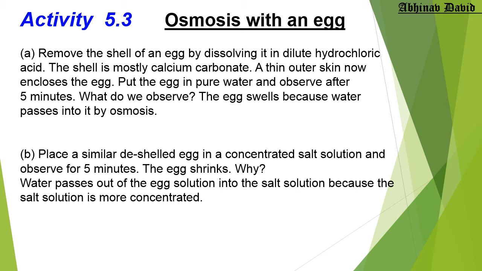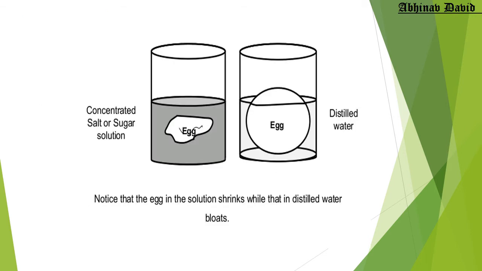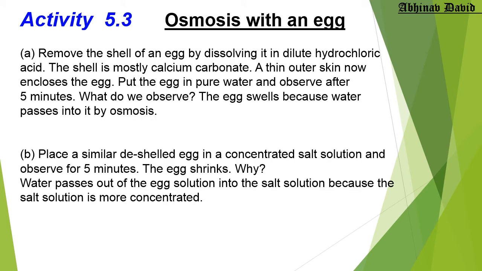As a result, the egg will shrink. You can see in the first diagram, in the concentrated salt or sugar solution, the egg has shrunk. We have already discussed why this is happening: a concentrated solution has more salt, which means less water, a hypertonic solution. I hope this activity is clear.